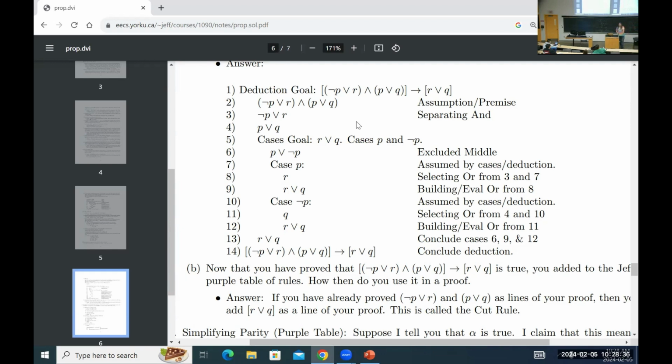I do think the table's good because there's only so many things that you can do, and they all kind of make sense. If you look at other people's proof systems, maybe there are fewer things you can do, but they don't make sense to me. I wouldn't know how to use them. When I first solved some of these proofs, I didn't know how to prove this from these weird things, but they're good rules.